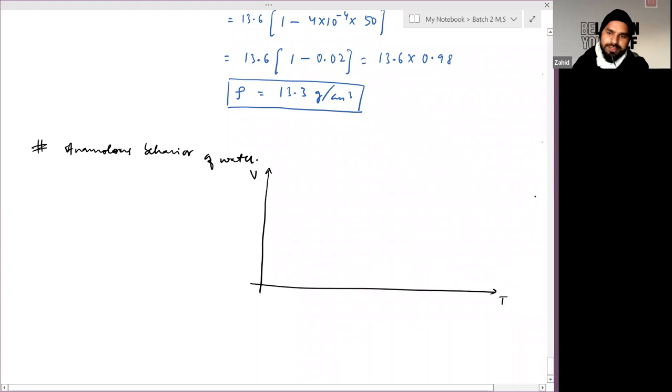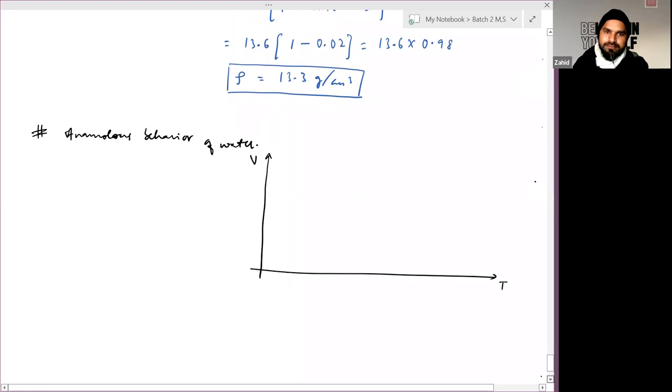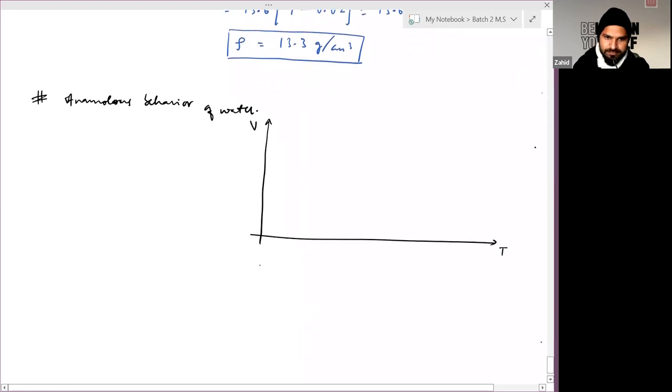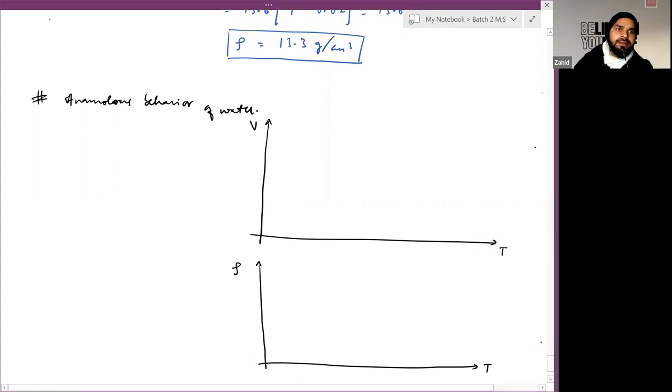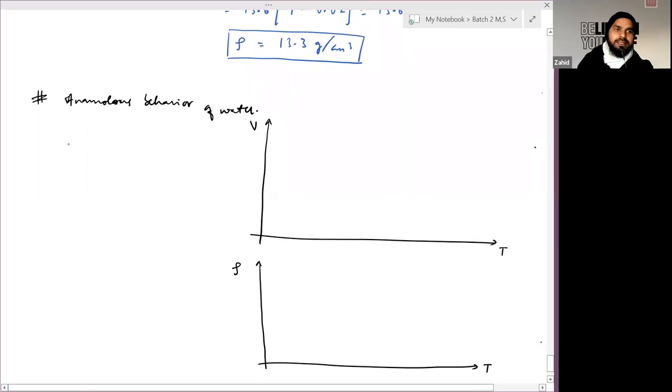Volume versus temperature, and correspondingly, density versus temperature. If temperature is changing from 0 degrees Celsius to 4 degrees Celsius, in this range it will behave differently. Volume will decrease, correspondingly, density will increase.